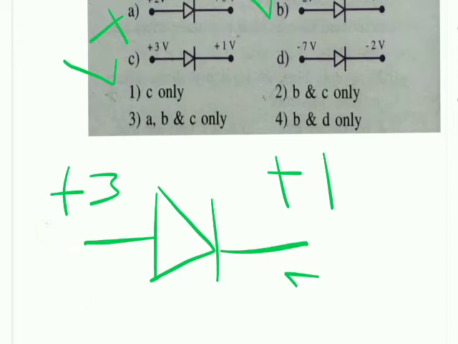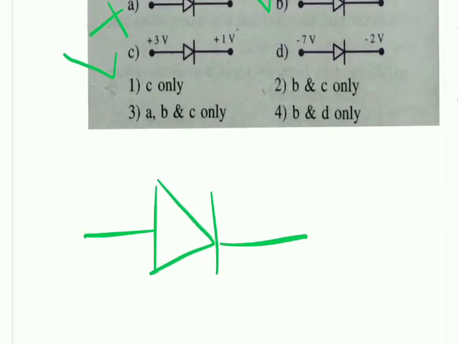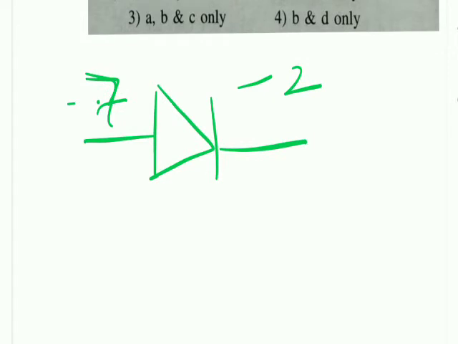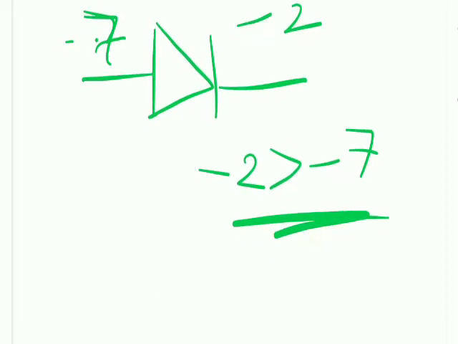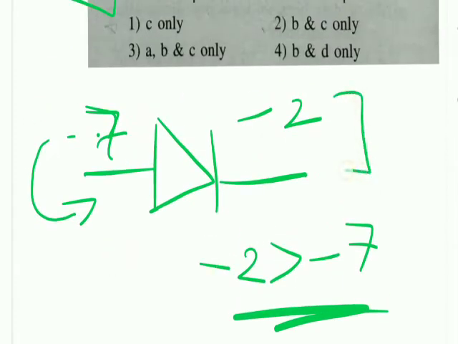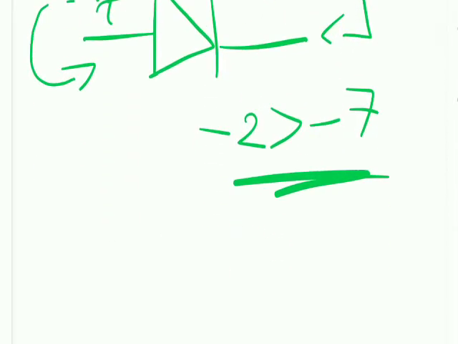Option D, given -7 and -2. Here -2 is greater than -7, so low potential is connecting to the positive side of the diode and high potential is connecting to the negative side of the diode, so it is reverse bias.